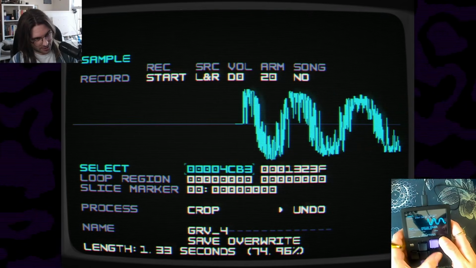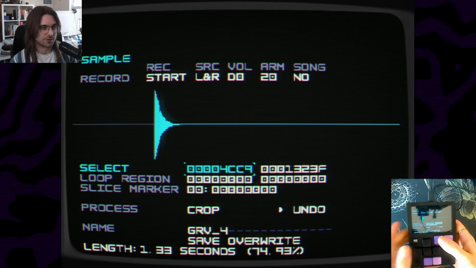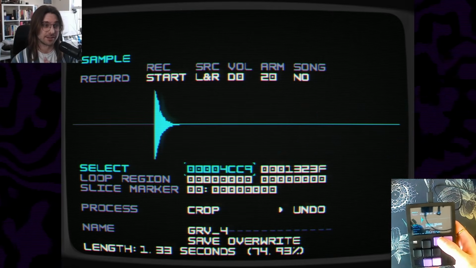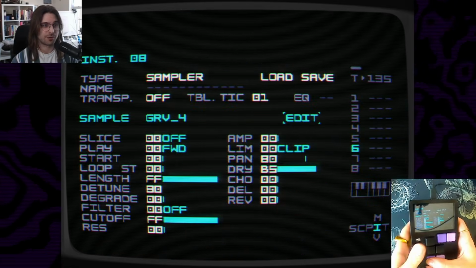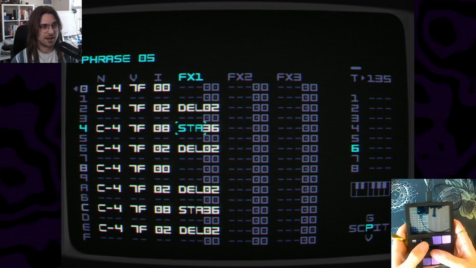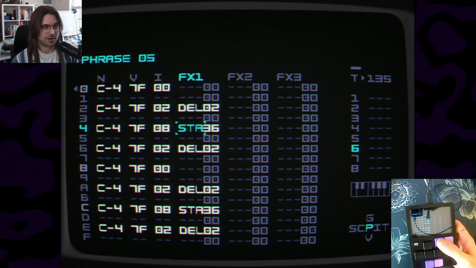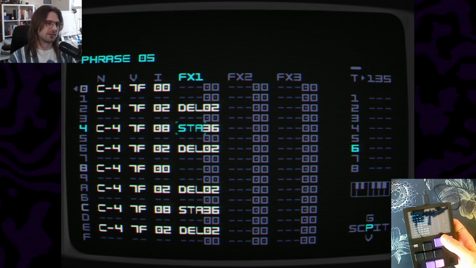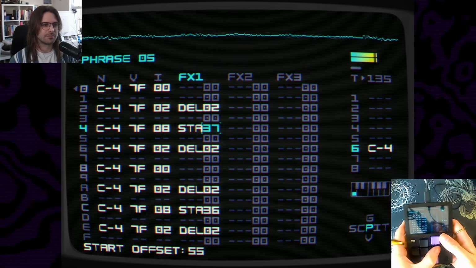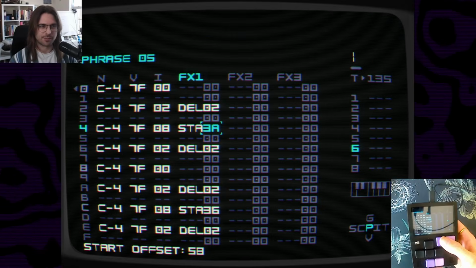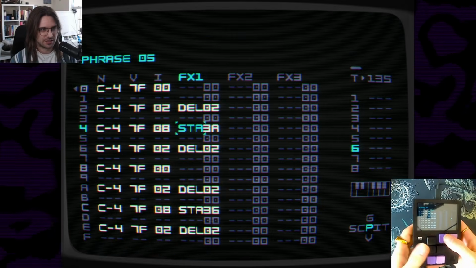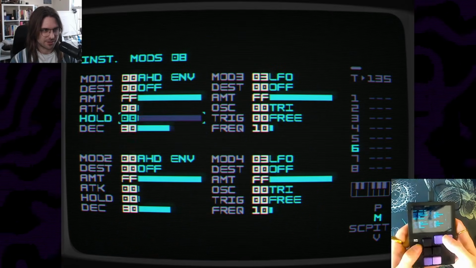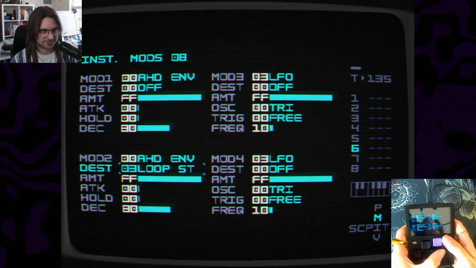And this is something you can either do inside, you can edit the sample directly and do it this way, or you can do it how I did here and change it on the FX command, and then you can change it with every step or what have you. I think you can modulate the start position with an LFO?